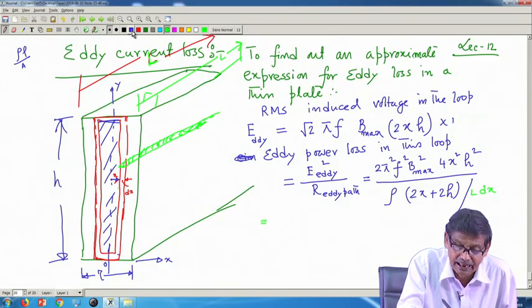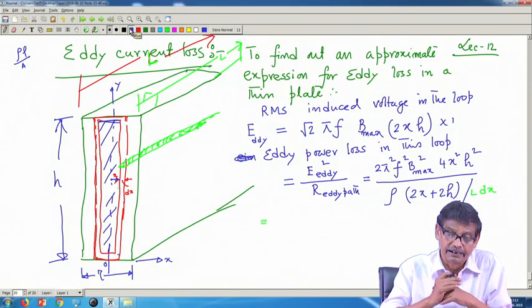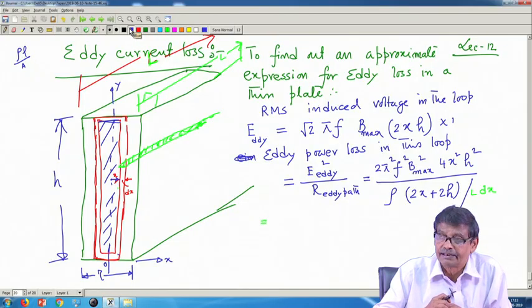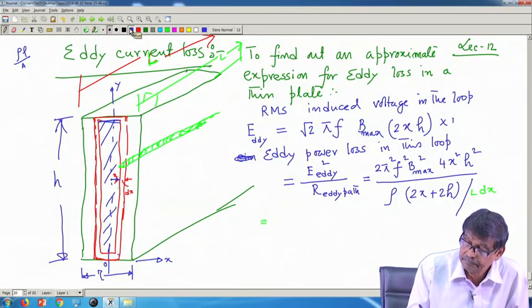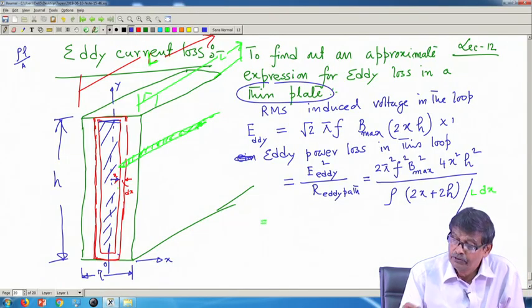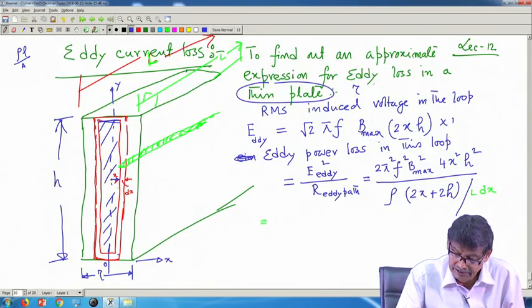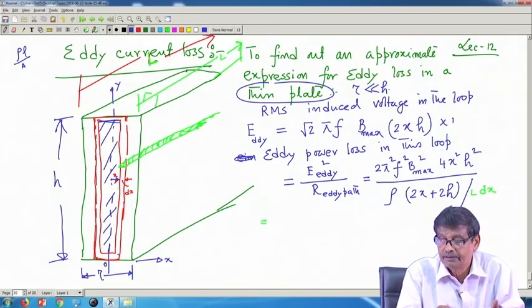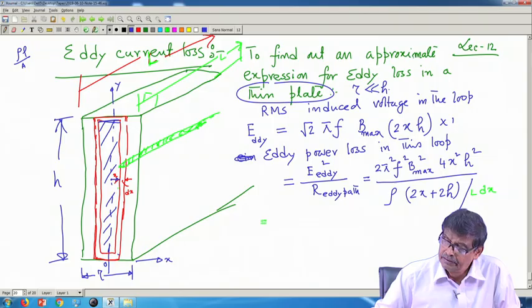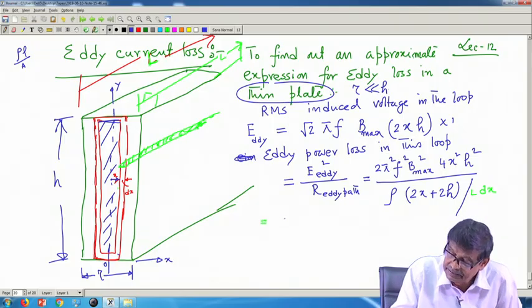Now, as I told you, we would like to find out an approximate formula to have a feeling on what factors eddy current depends on. Since it is a thin plate, the value of tau is much smaller than this finite dimension h or L. The first assumption is this one.